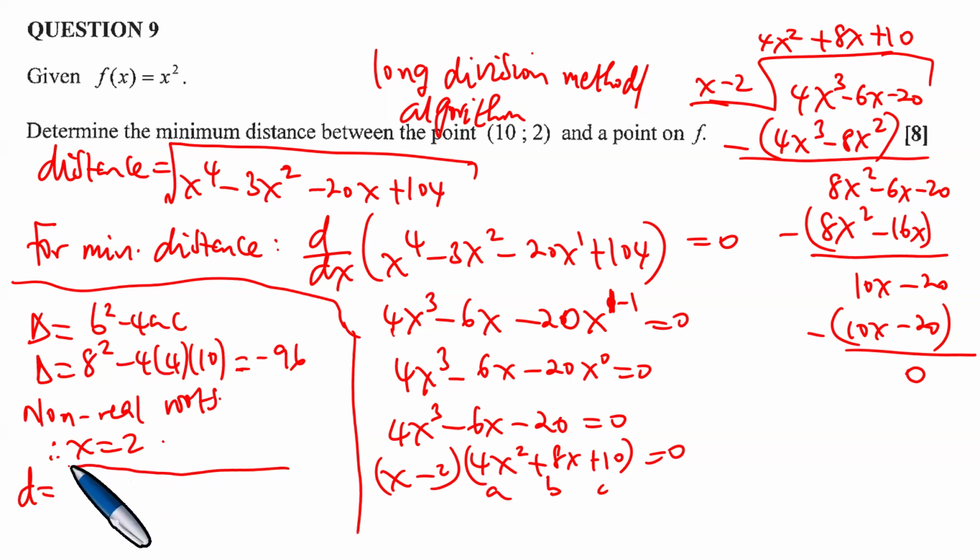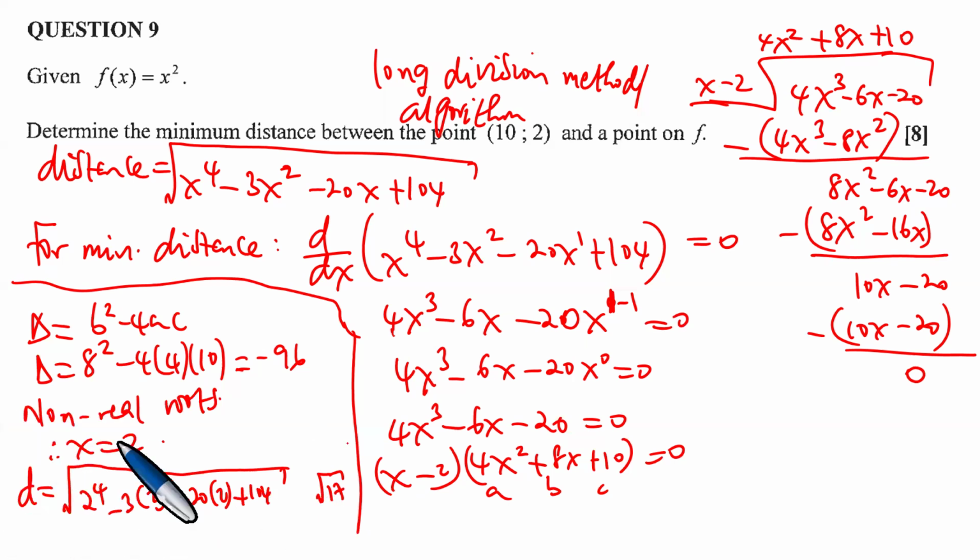What is the distance? We got the distance to be exactly this here, so we're going to put only the 2 there. 2 to the 4th power, 3 times 2 squared, 20 times 2 plus 104, which is 2 times the square root of 17.